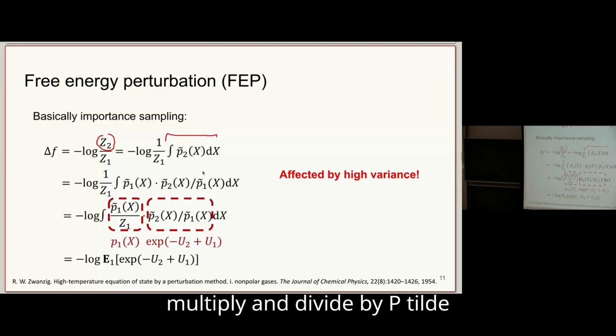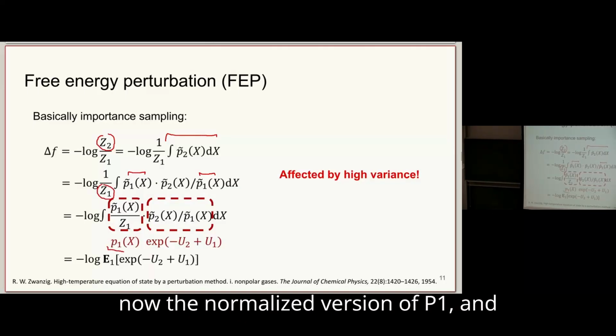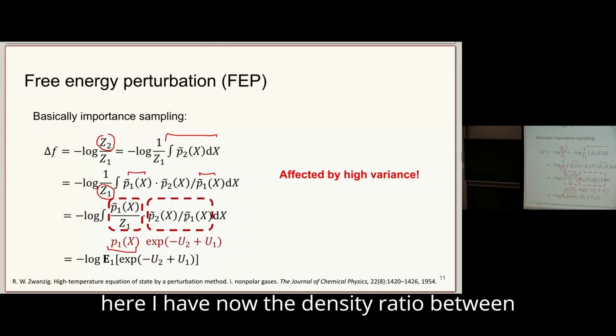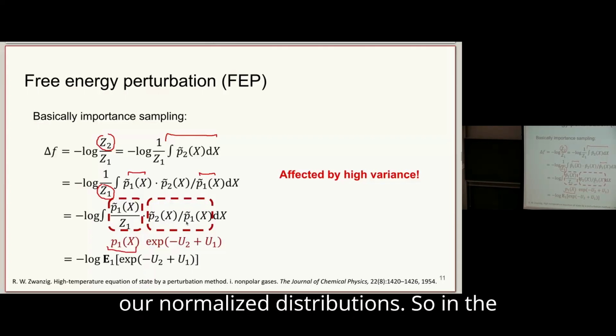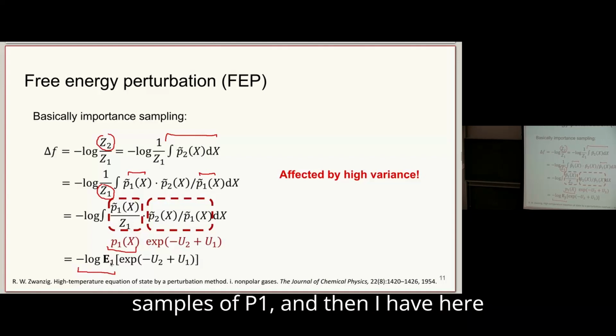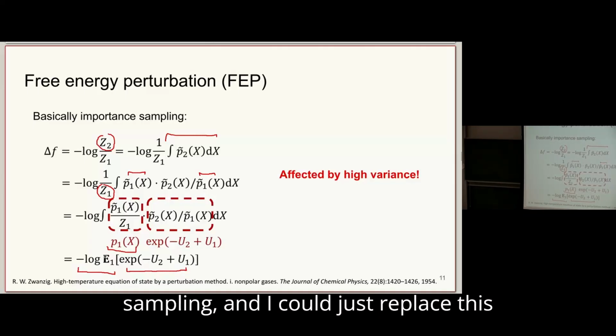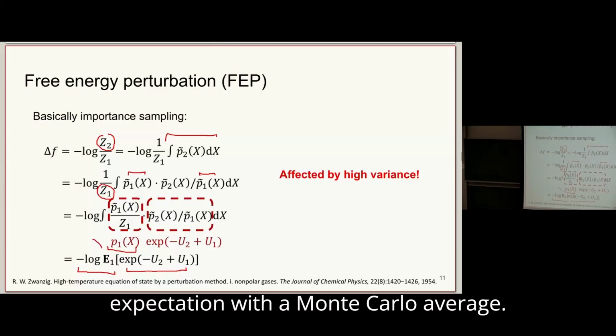And then I can multiply and divide by P tilde 1. And then get the log normalization constant inside. And this is now the normalized version of P1. And here I have the density ratio between normalized distributions. So in the end, this is now minus the log, and I have an expectation over samples of P1, and then the exponential of minus the energy difference. This is just importance sampling. And I could just replace this expectation with a Monte Carlo average.